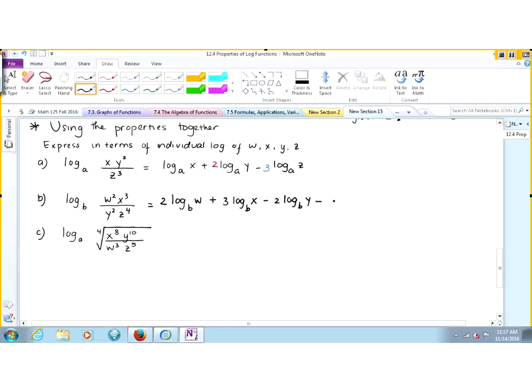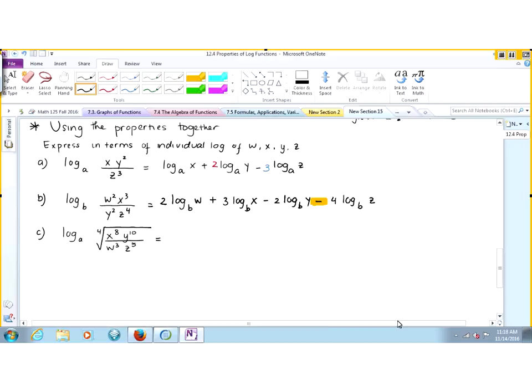Minus 4 log base b of z. So not plus, because this is minus, unless you put the parentheses. But when it's on the bottom, then it's minus. So pay attention to this, because it's on the bottom.